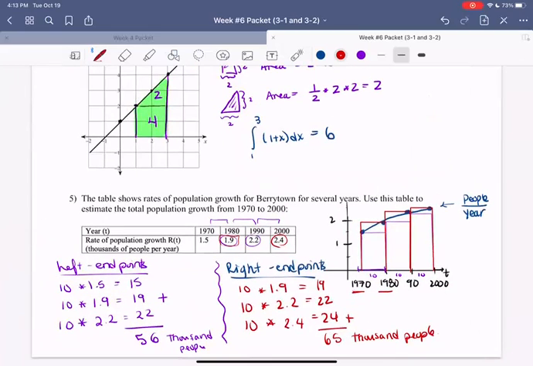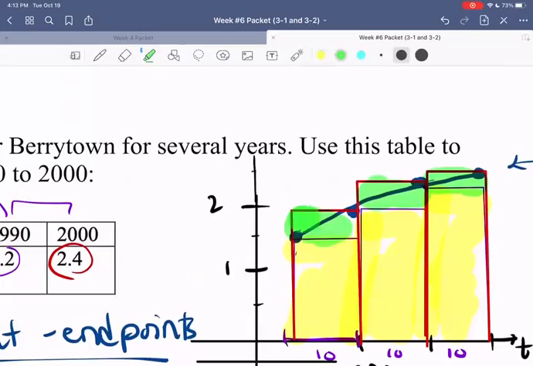What do we notice about the left endpoint and the right endpoint? The left endpoint areas are all underneath the curve, a little bit less than the area actually under the curve, while the right endpoints in this case are all larger. They cover the curve plus a little more.